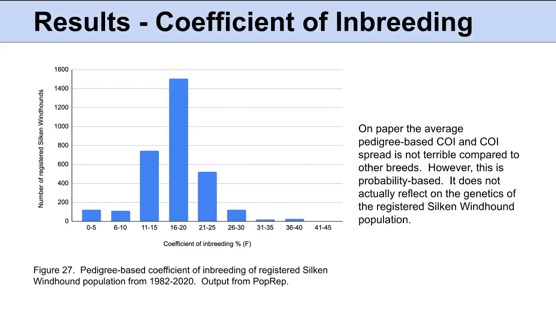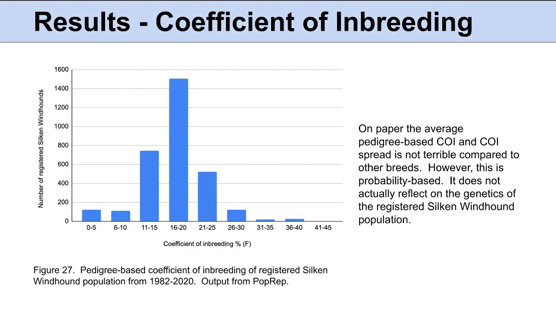And what I did is I took the totals for the columns. So this is all the Silken Windhounds over the last 40 or so years, and they were broken down into these coefficient of inbreeding layers.